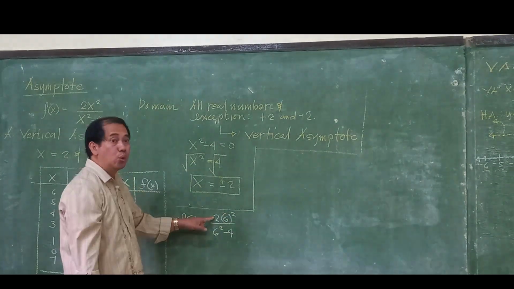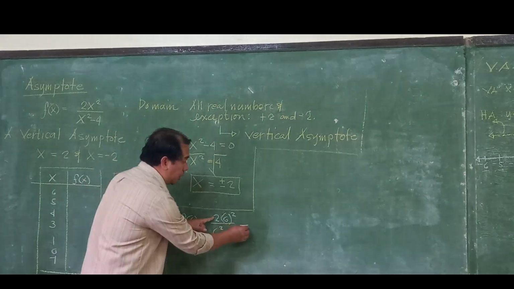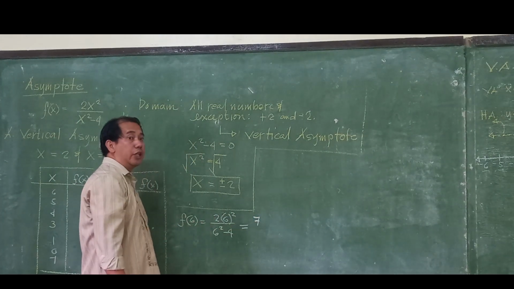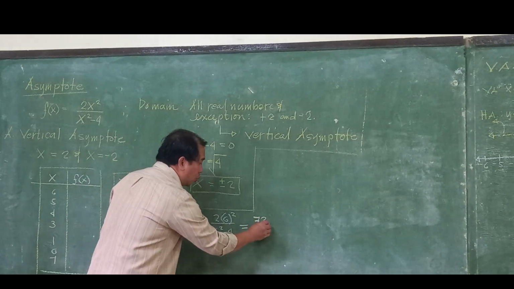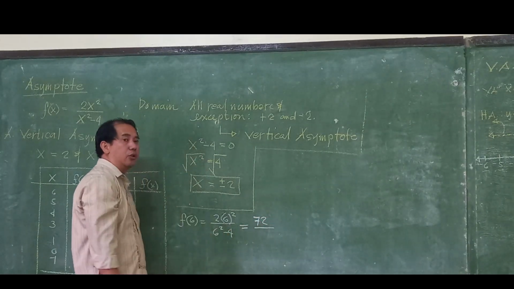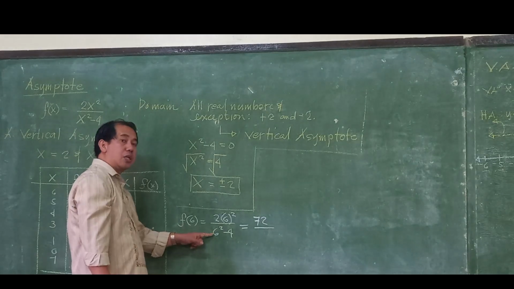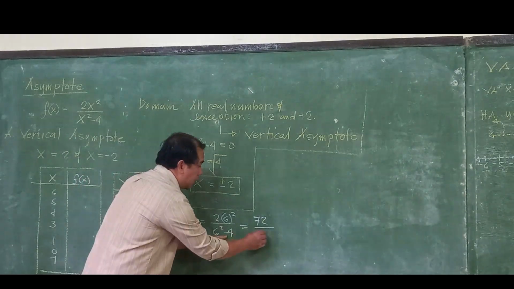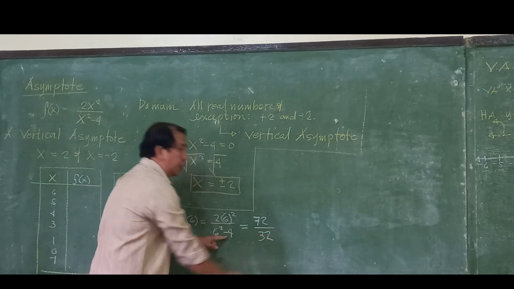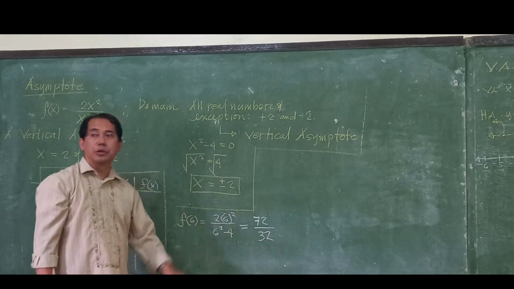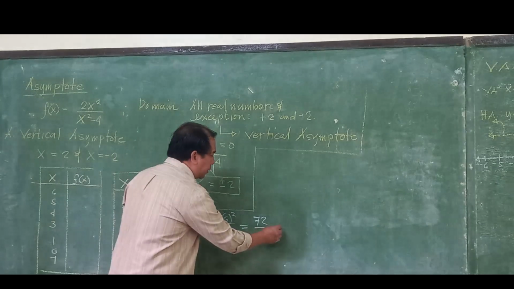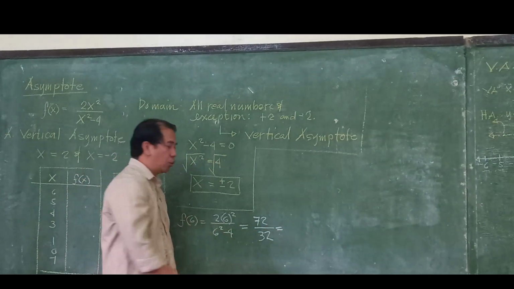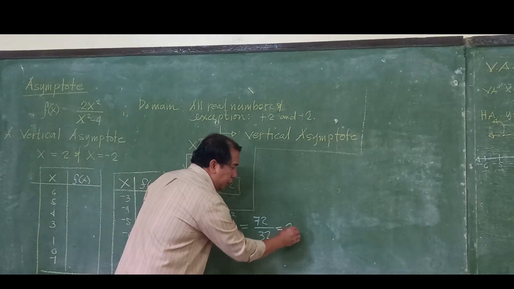Multiplied by 2, that is 72. How about the denominator? This is the same as 36 minus 4, that is the same as 32. And then that's the time you're going to divide. Would you mind to divide? 72 divided by 32 is 2.90.